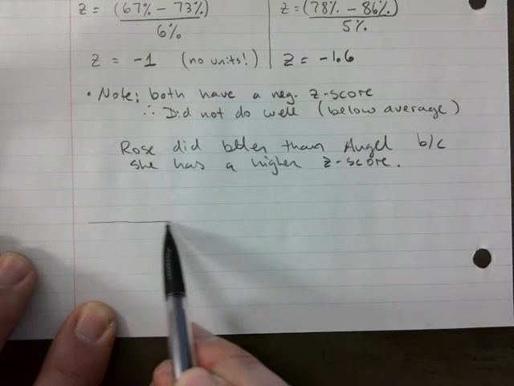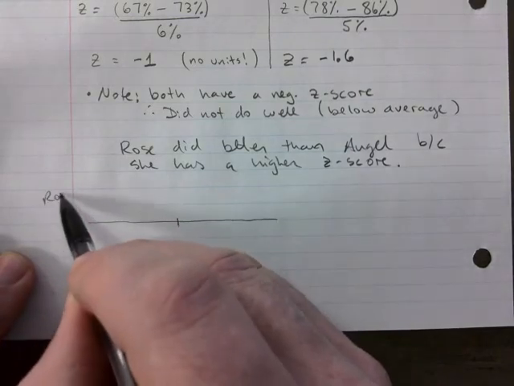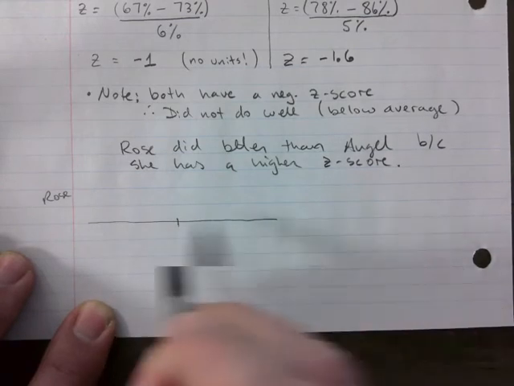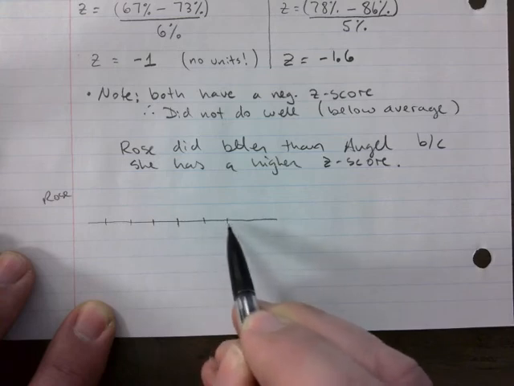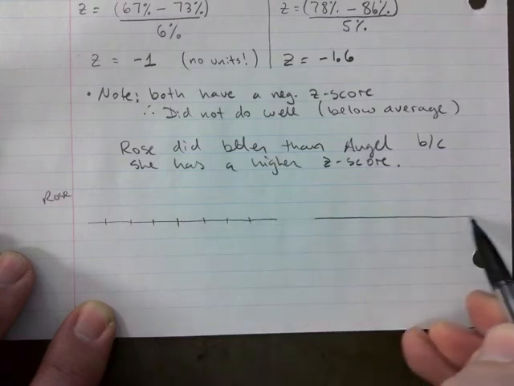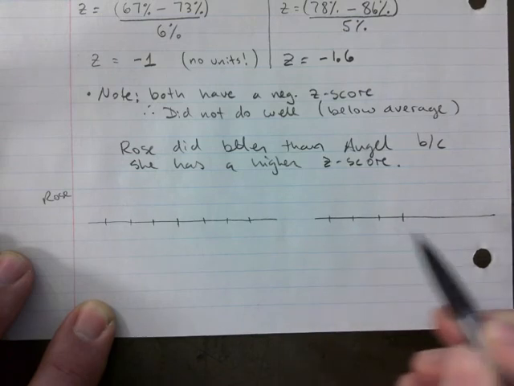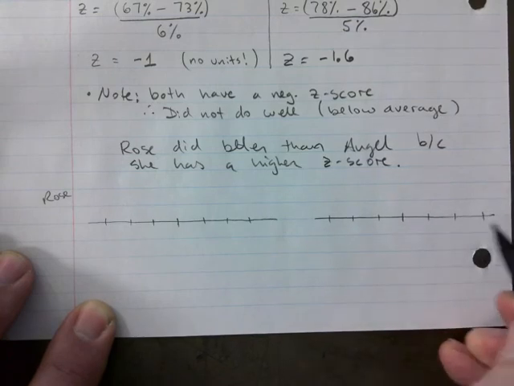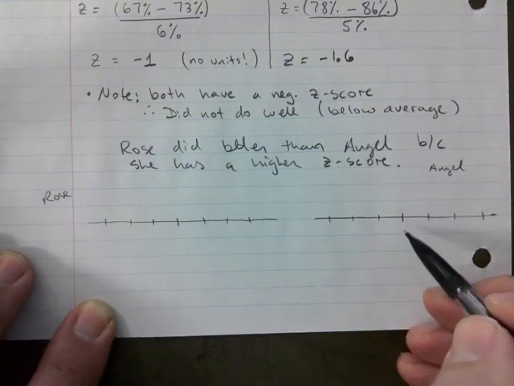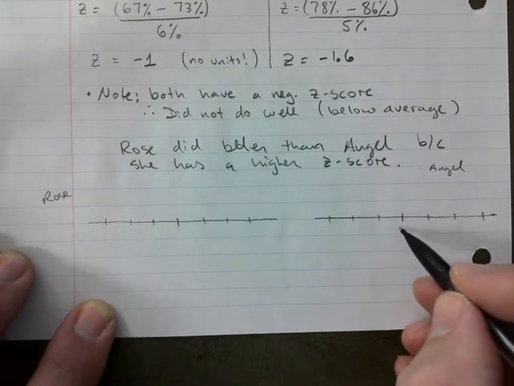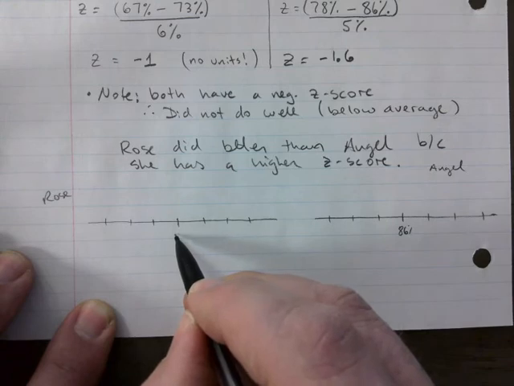So I just want to give you a visual here. Real quick, this is what's happening. This is Rose. Rose is normal, so let's try to fit them in side by side. 1, 2, 3, 1, 2, 3. There's the mean. So this is Angel. Angel's class had an average of 86%. The average for Rose is 73%.